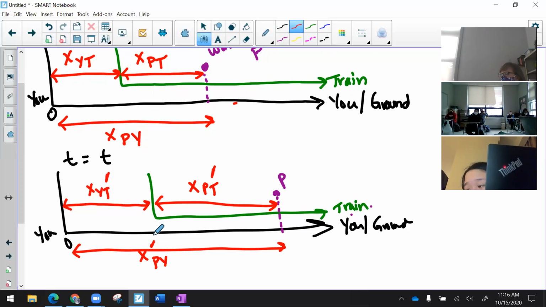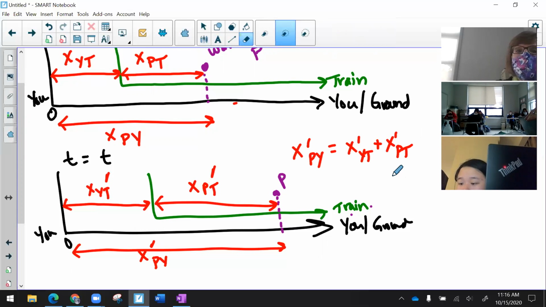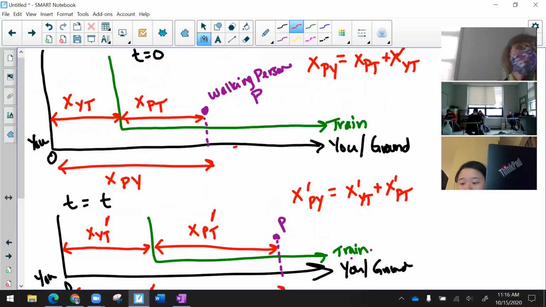Okay. And again, just by looking at the situation, I can say that X prime PY is going to be X prime YT plus X prime PT, right? Which is very similar to that first equation that I have up there.